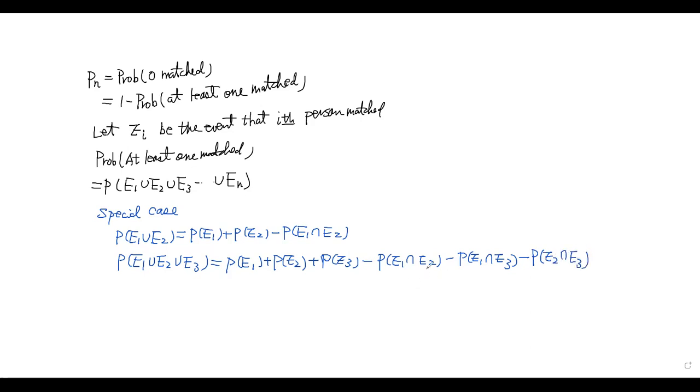Because these are two of them at a time. And for the last one, we will plus P(E1 intersect E2 intersect E3).